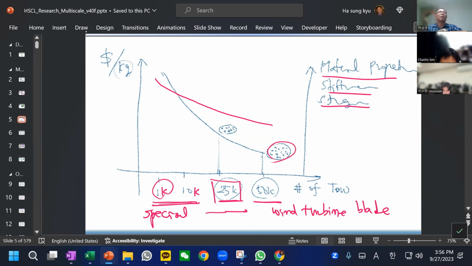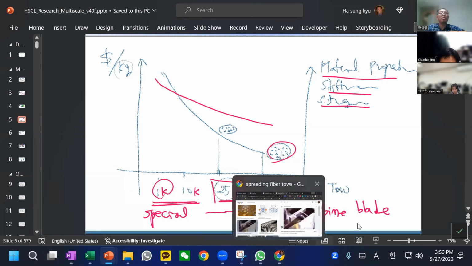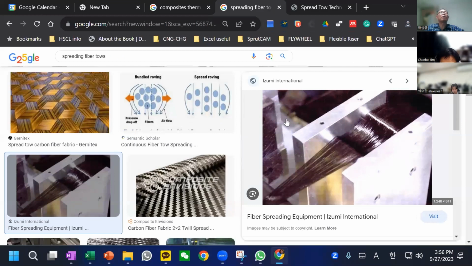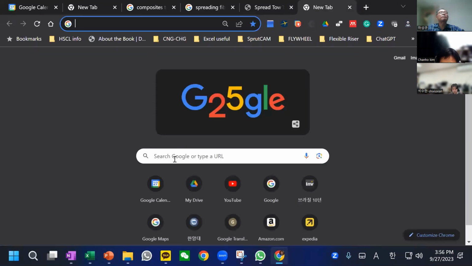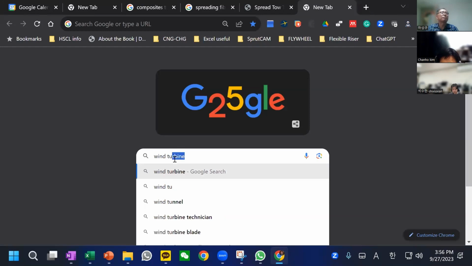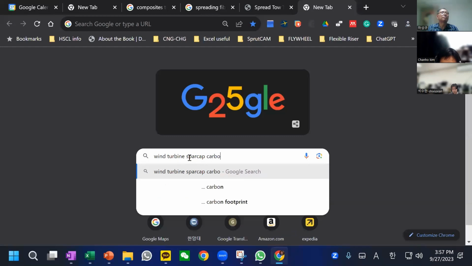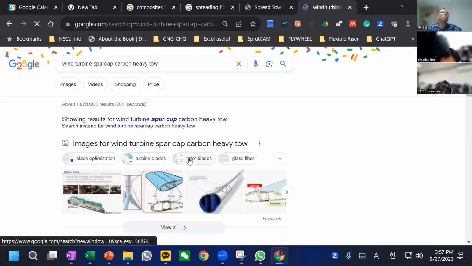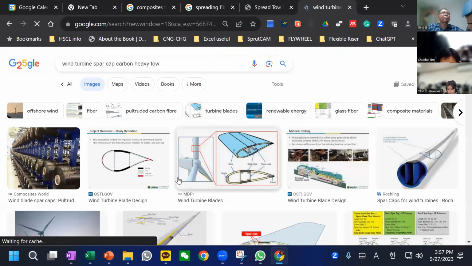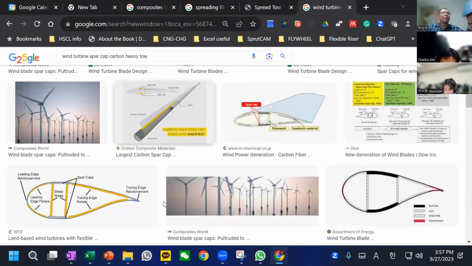Speaking of the wind turbine blade, 50K we call a heavy tow. And the wind turbine blade is typically made of the skin.